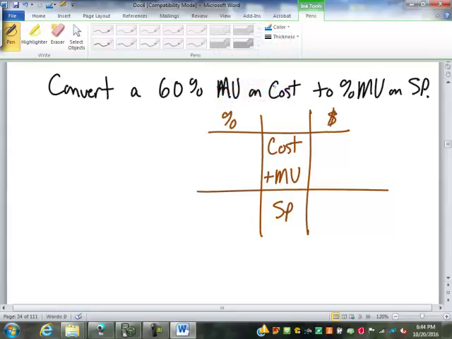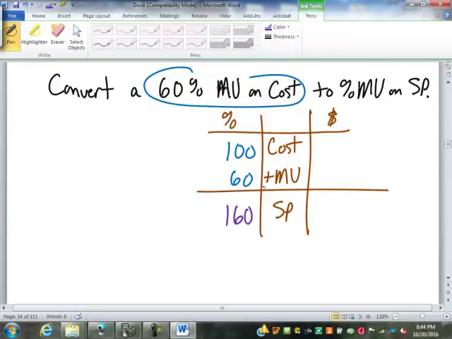Tell me what we're going to fill in here the first time around. 60% goes markup. Where's my 100 go? 60% is on cost, so 100 goes here. Makes this 160 my selling price.